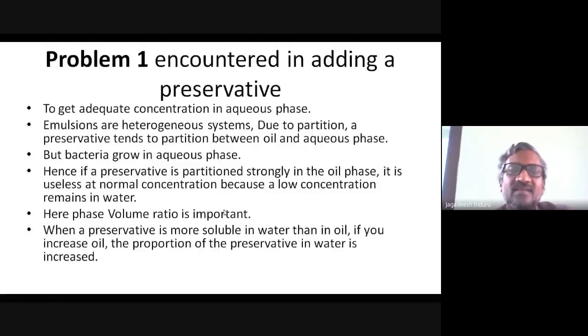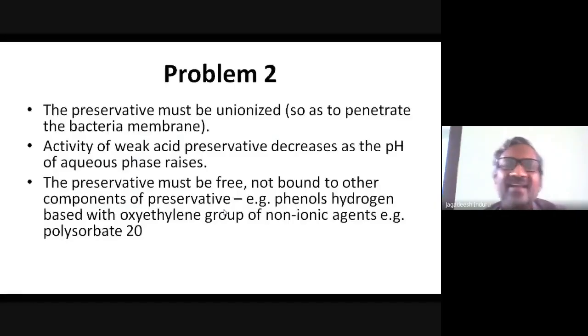That is very tough. Now, the second problem is that you may be able to add sufficiently larger quantities of the preservative, provided they are not toxic, but the preservative should be present in the unionized state. Unionized state means it should not be dissociated into ions, so that it can cross the bacterial cell wall.